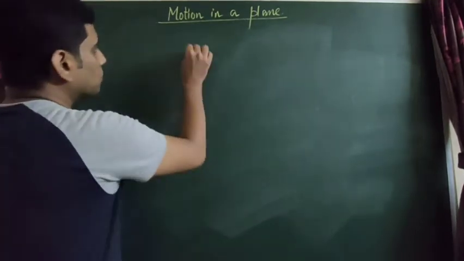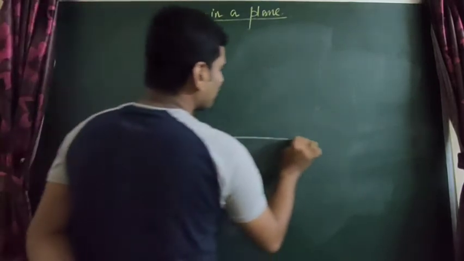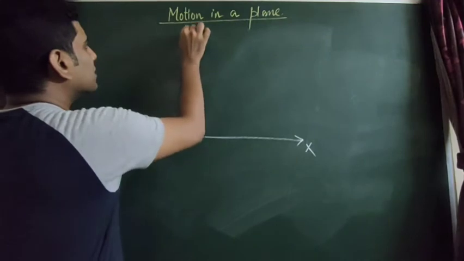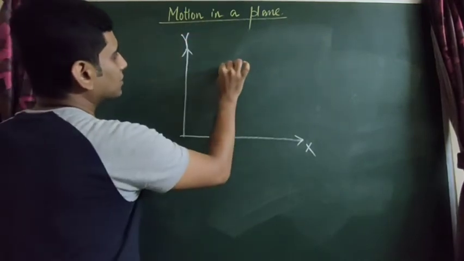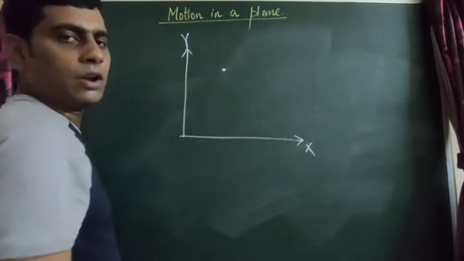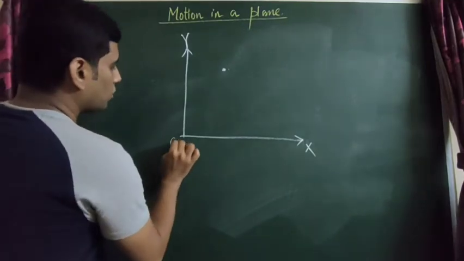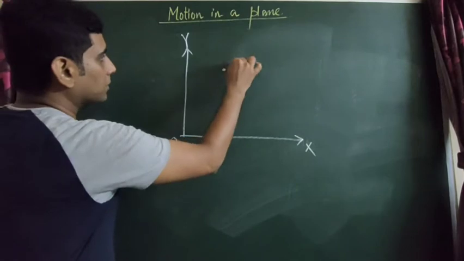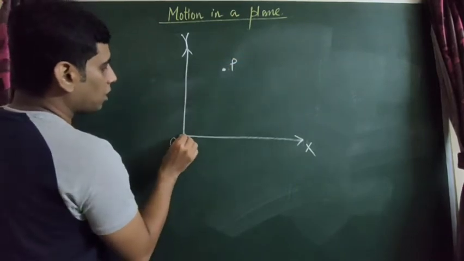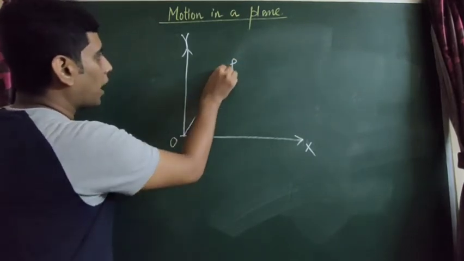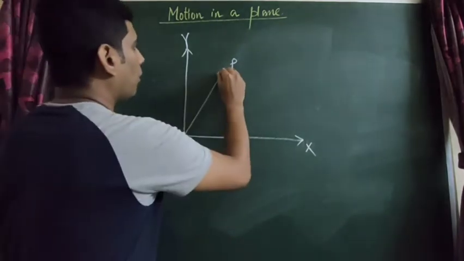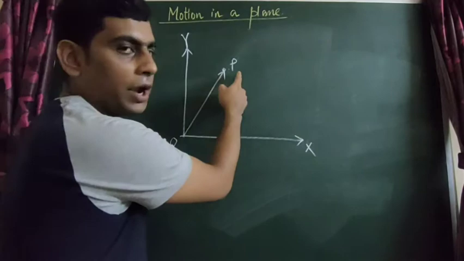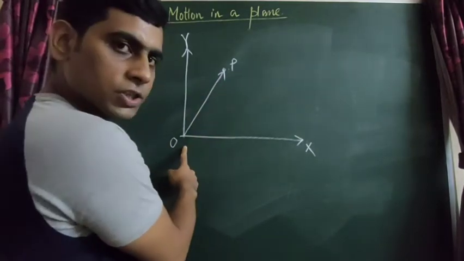Let it be P. Suppose this is the x-axis and this is the y-axis, and this is the position of an object, and this is the origin. First, this is the point P. We will draw a vector connecting the points O and P and pointing towards P. This is the position vector of point P with respect to the origin.